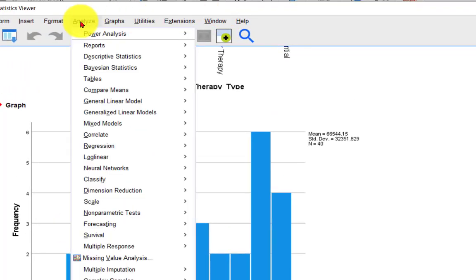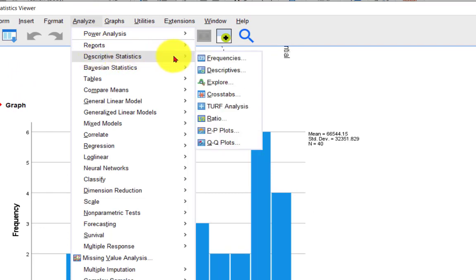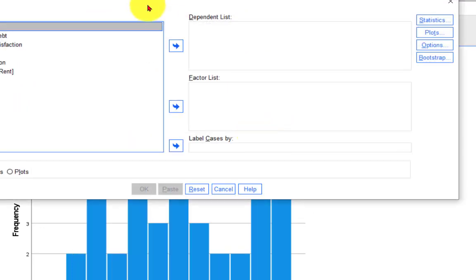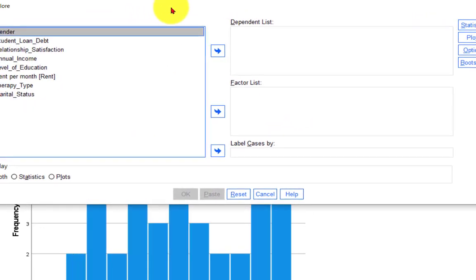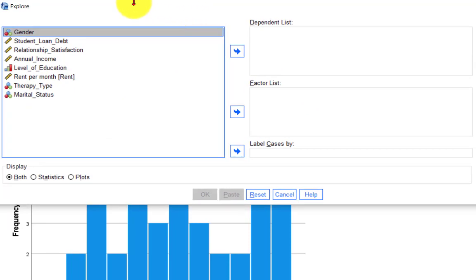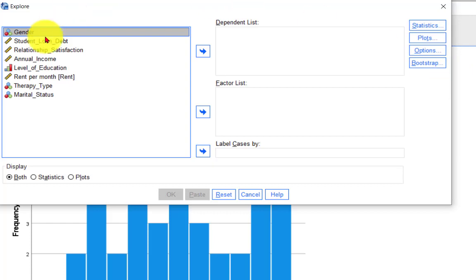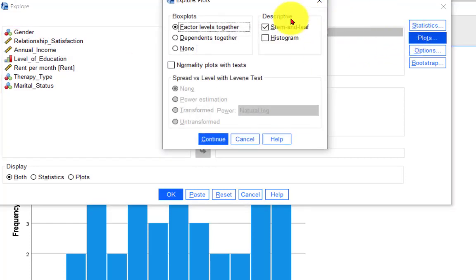Here's a common one. Analyze, descriptives, explore. We're going to start checking things for normality. And this explore function is your best friend. So we would stick in, what was it, student loan debt. And we're going to go to plots. You can do the histogram here.